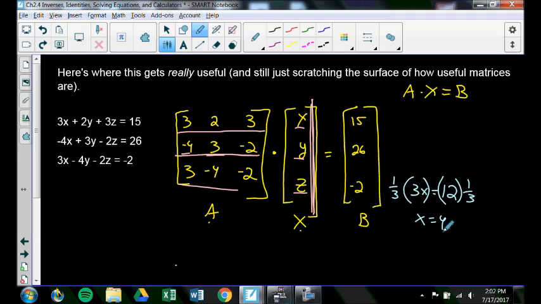Well, here I want to solve for this x. And I can't just say x is 3, because x actually represents 3 different variables. But I can multiply both sides by the inverse of A, just like how over here I multiply both sides by the inverse of 3. And now these two things combine to give me the identity.